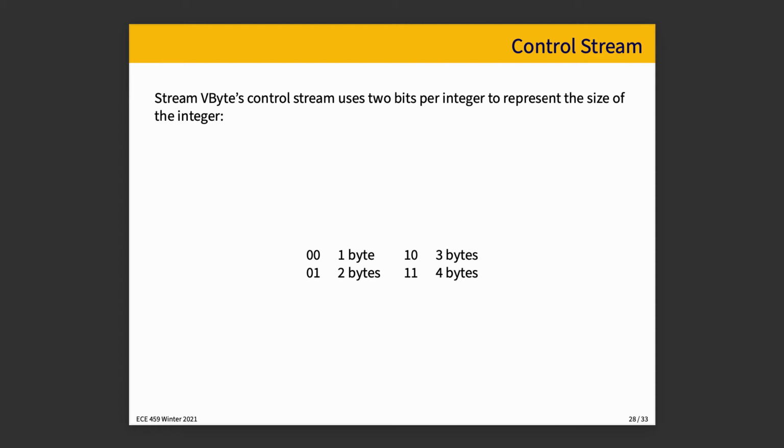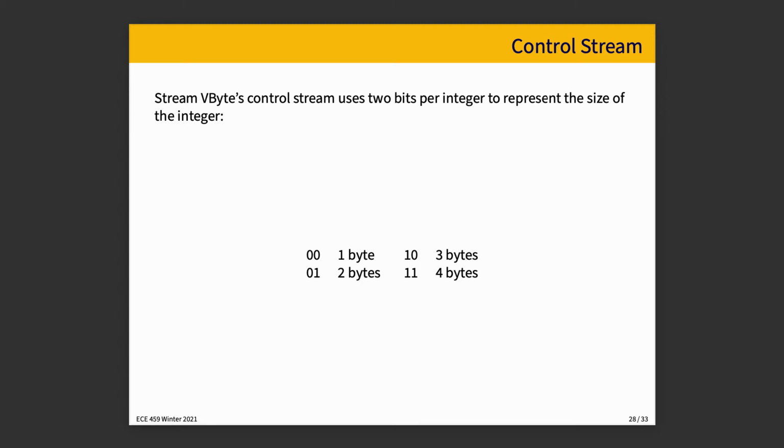If it's 1, 0, it's going to be 3 bytes. If it's 1, 1, then the next integer is 4 bytes. And that way the control stream is always fixed in length, right? For whatever we are looking at, we always look at the upcoming 2 bits to determine what the length of a given integer is going to be.